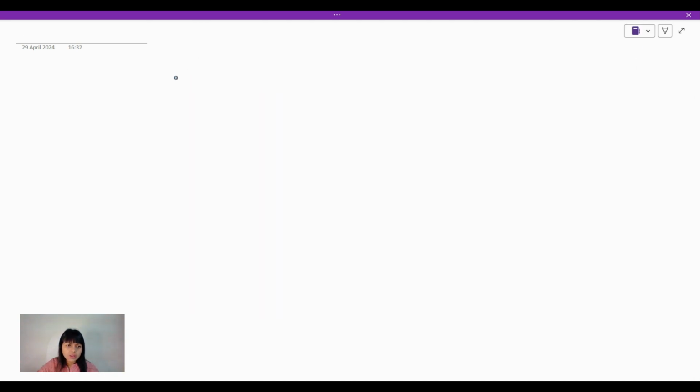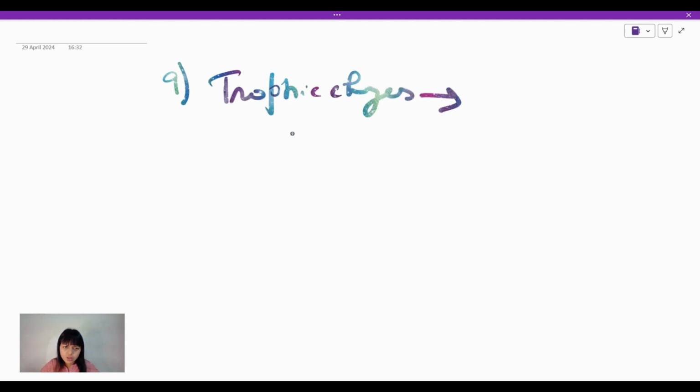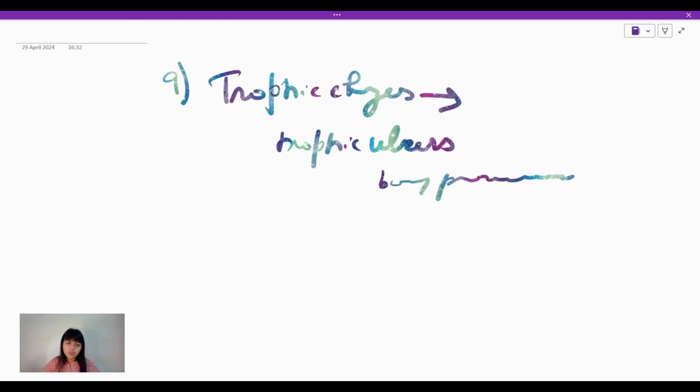The ninth point is your trophic changes. Particularly in pediatrics, if you are getting a CP, that is cerebral palsy child, you may be finding trophic ulcers over bony prominences. This you have to mention.